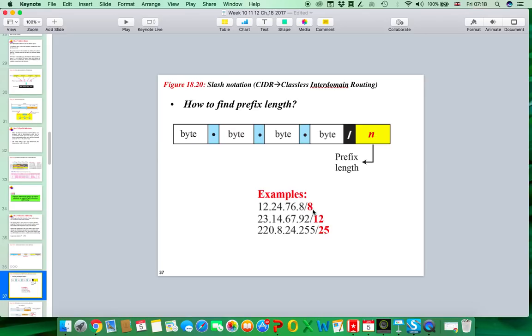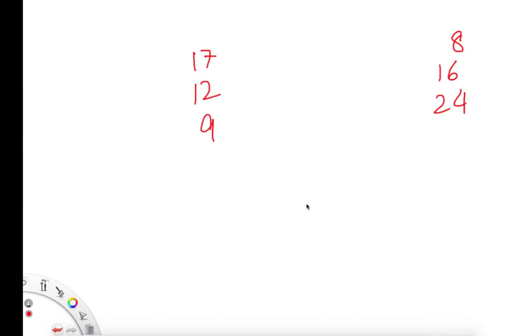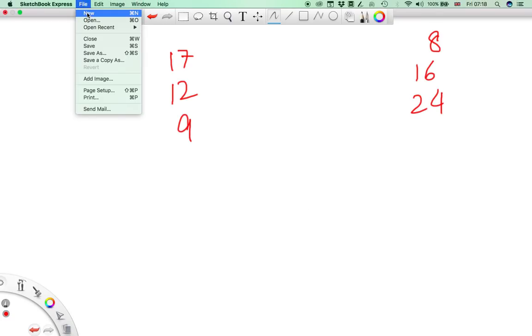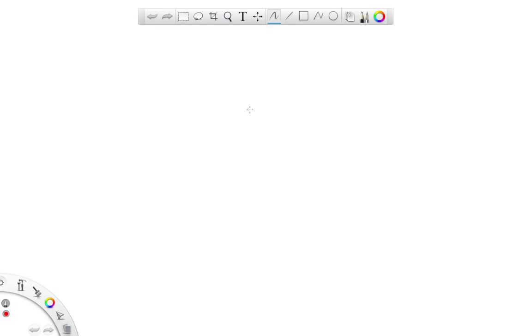So in this case, because it's 8, the first octet is network and all the rest is host. 23.14.67.92. Let's do this. Now always remember, whenever you get an IP address, always convert it to binary, and then apply the subnet mask to it.